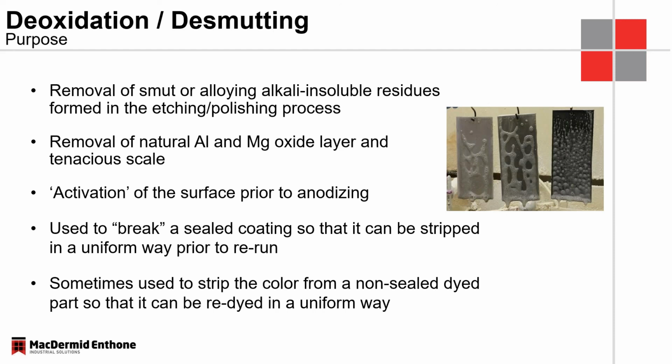Sometimes when something went wrong with the coloring, with the dyeing of aluminum anodized components, we can actually use those solutions to remove the dye from the surface, from the pores, and go back through the dye itself without reworking and re-anodizing the components.